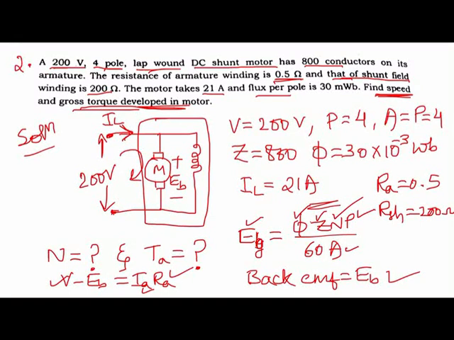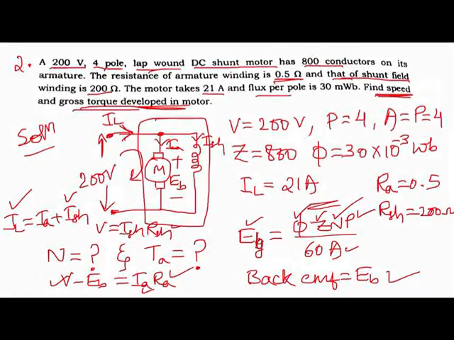To calculate IA, we need the relation between IA, IL and ISH for a shunt motor: IL is equal to IA plus ISH. Here IL is known but ISH is not known. To calculate ISH, we use V equal to ISH into RSH. RSH is known, V is known.